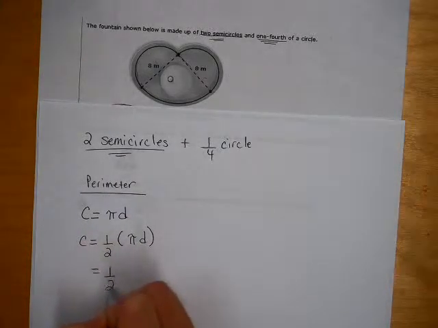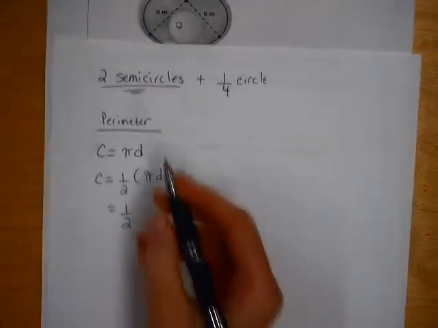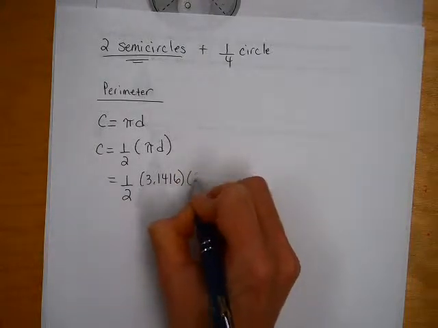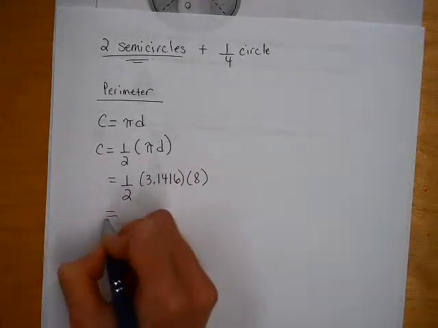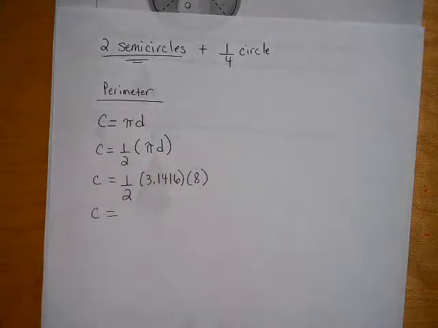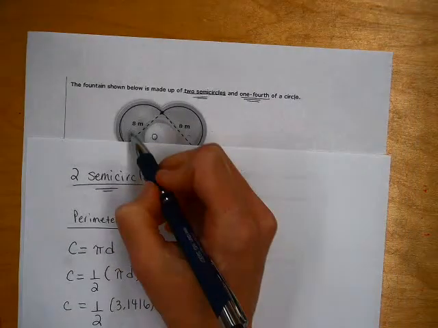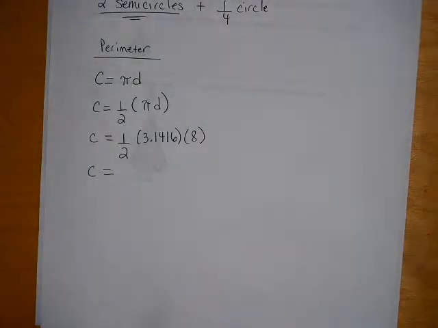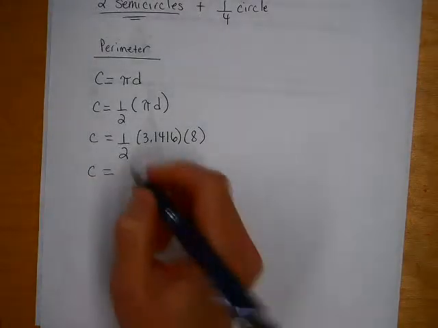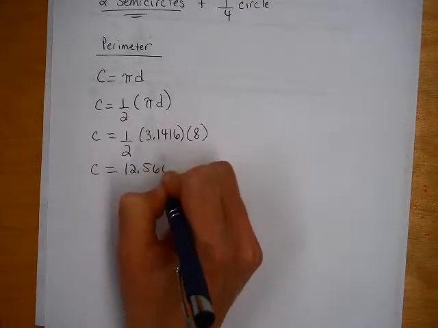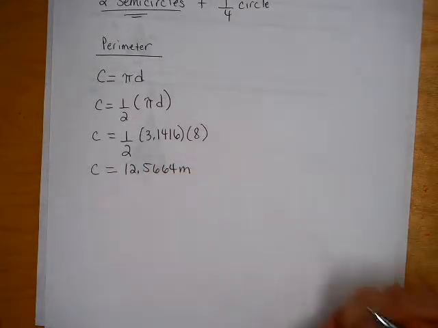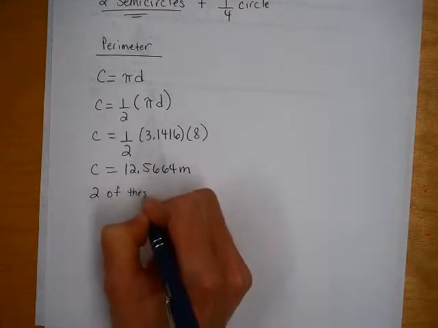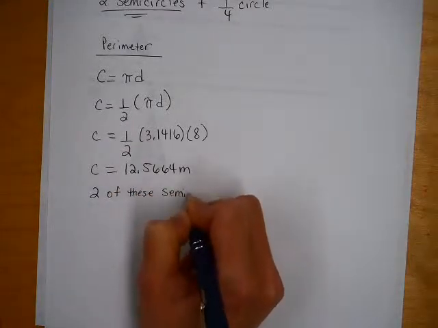And so that's going to be 1/2 times 3.1416 times my diameter, which is 8. And so the circumference, which is the same thing as the perimeter of this semicircle here, is going to be, if I type that in my calculator, 12.5664 meters. But remember, we have 2 of these semicircles that are exactly the same.